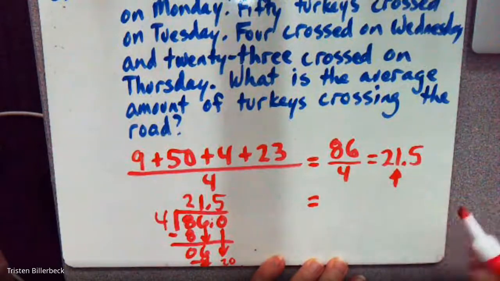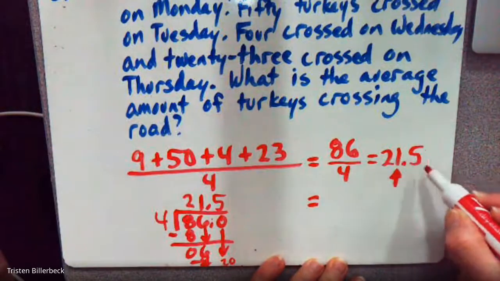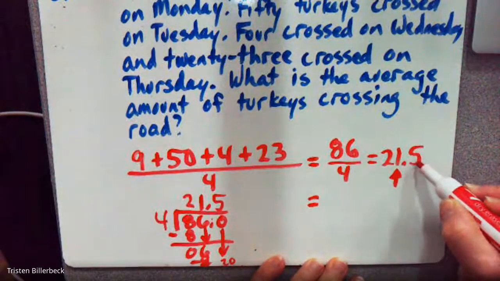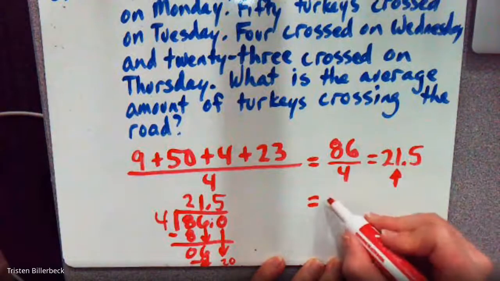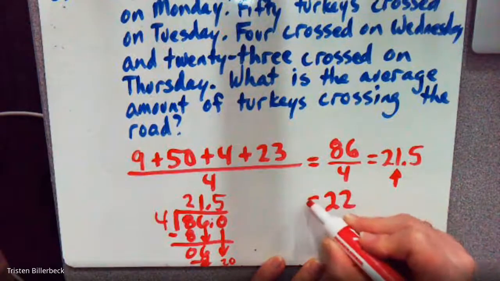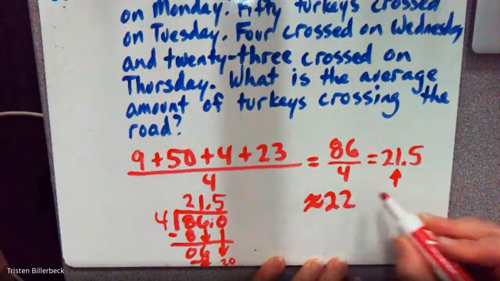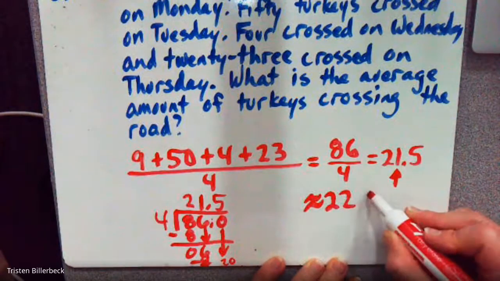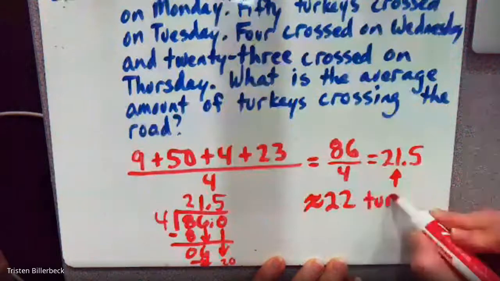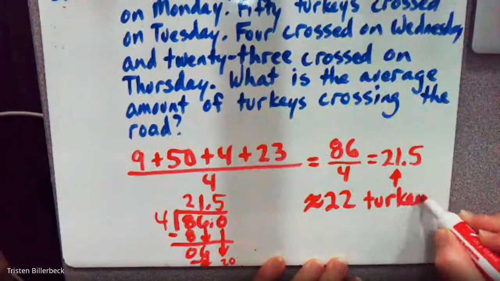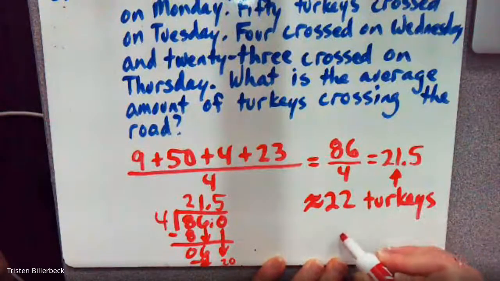So, all right, so it's 5 or more, raise the score. Since that's 5, this gets raised, so it's approximately, and we can write these little approximately signs. Approximately 22 turkeys cross the road a day.